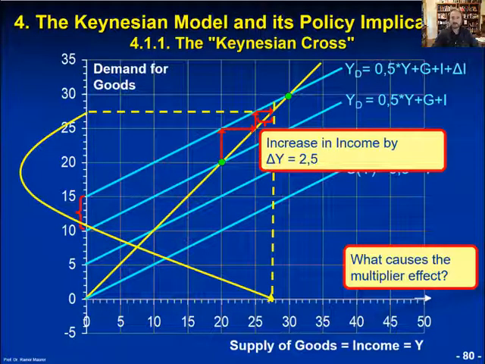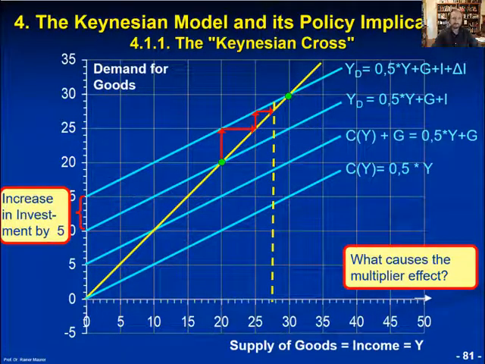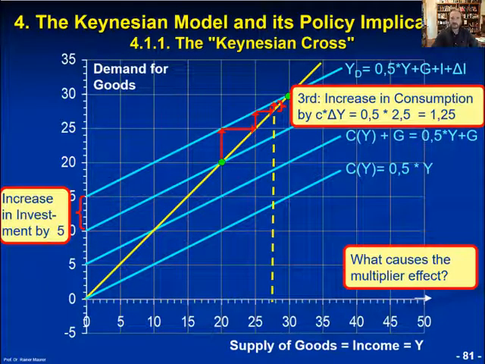And this additional increase in household income causes then an additional increase in consumption by 1.25 units now, since consumption ratio of 50% times the increase of income of 2.5 results in an increase in consumption equal to 1.25.